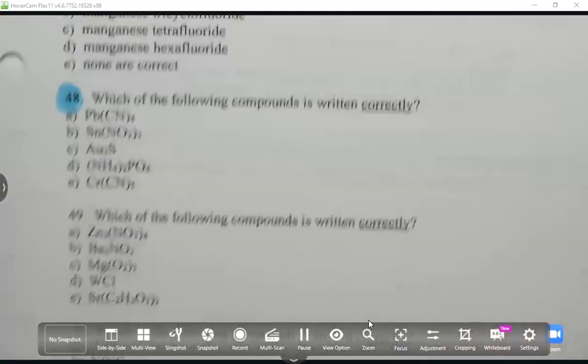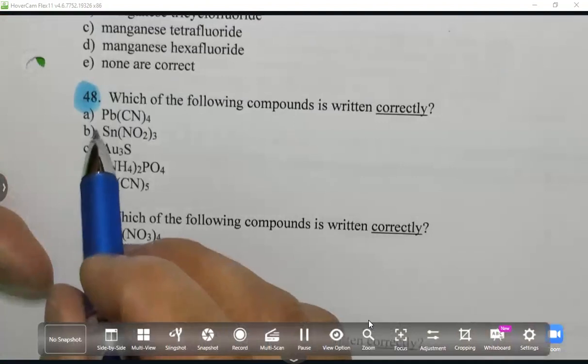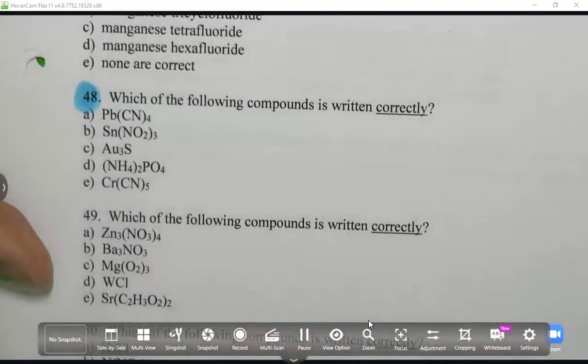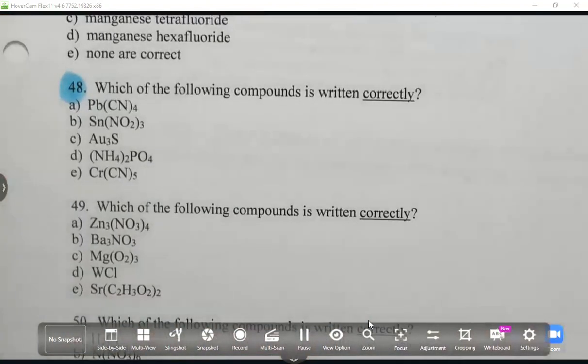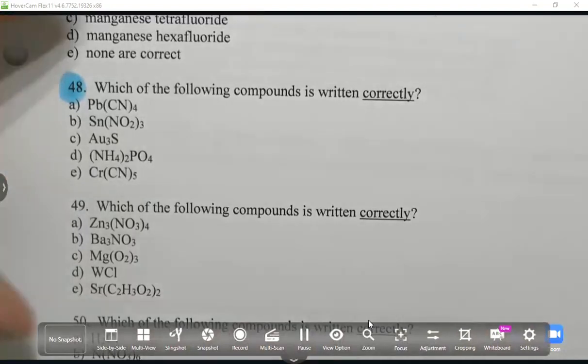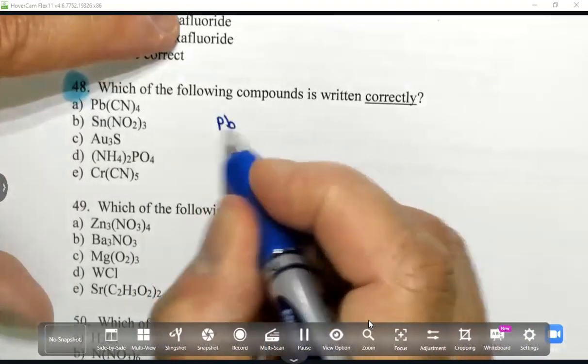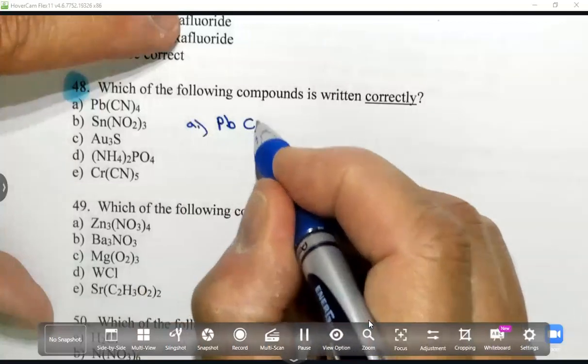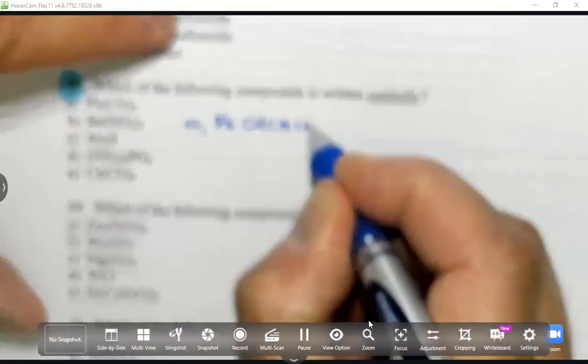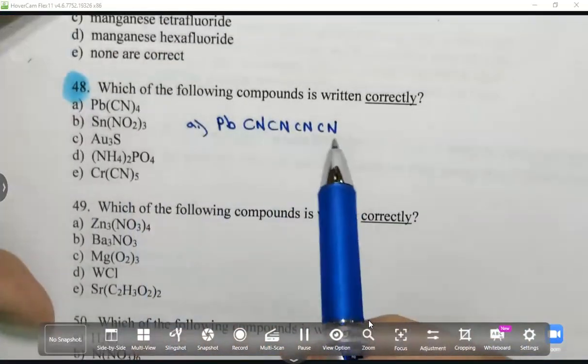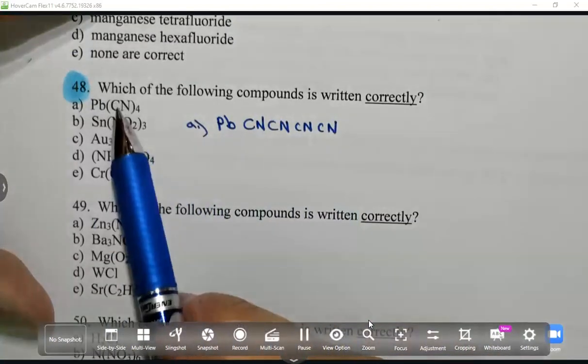All right, so 48. Which of the following is written correctly? Let's see here. If I take this first one, A, you've got to look at all of these. If I look at A, I would have Pb, and then I have cyanide, CN, I have 4 cyanides.